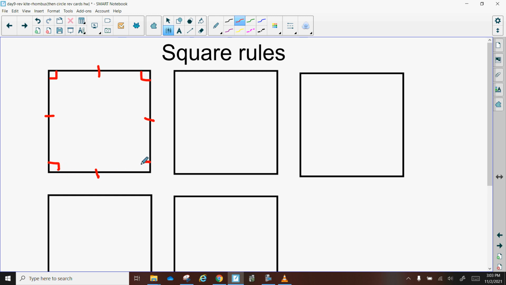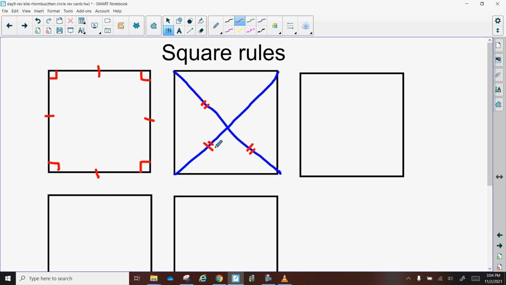Now, that's just the definition of a square. The things we're going to add to this are the diagonals. Because a square is a rhombus, the diagonals right here are going to bisect each other.